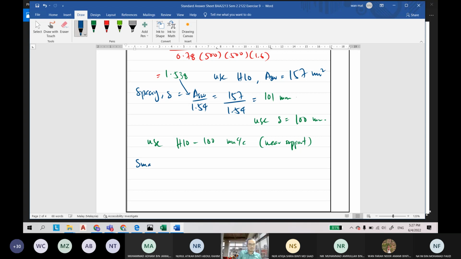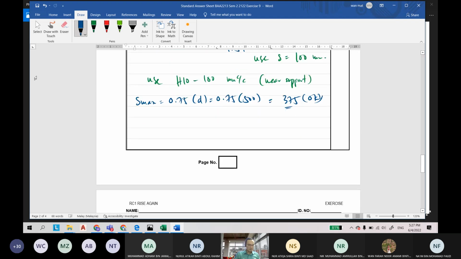S max is equal to 0.75D just as previous, 0.75 times 500 equal to 375. So okay lah, because our spacing does not exceed the limit. So we check the design minimum length.